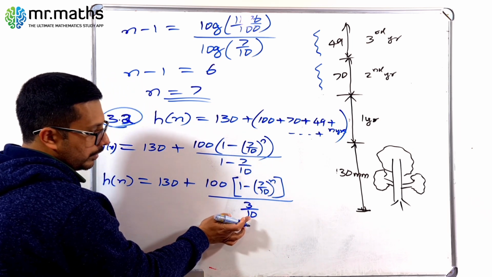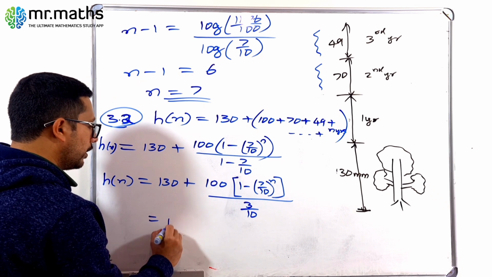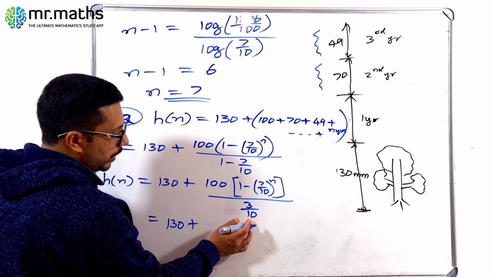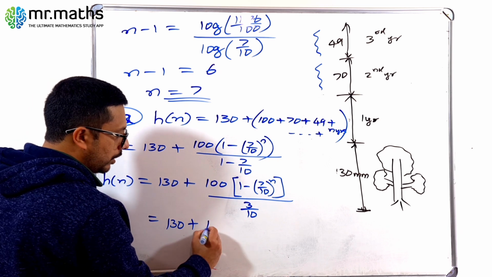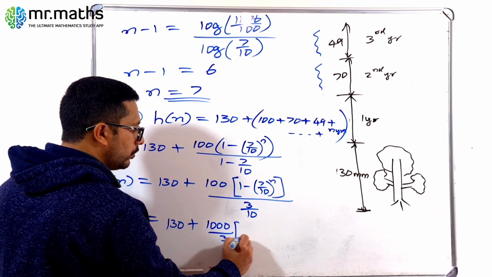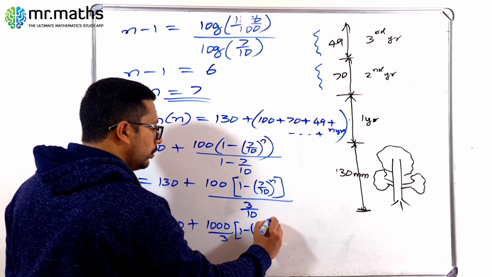Take this 10 to the numerator, so it is 130 plus 1000 divided by 3 into 1 minus 7 over 10 raised to n.